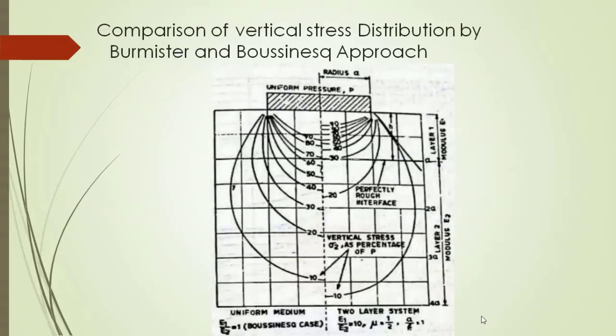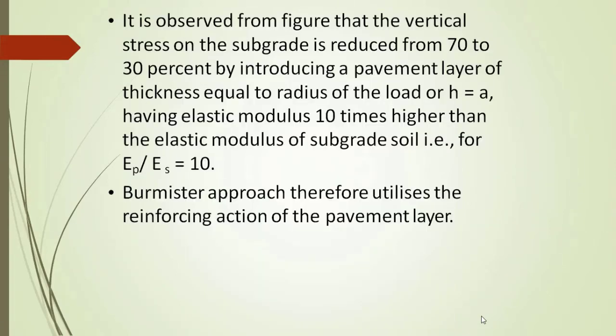This is the comparison of the vertical stress distribution by the Burmister and Boussinesq approaches. As we already discussed, the vertical stress induced on the subgrade exactly under the center of the loading plate can be reduced from 70 to 30%. To make this possible, the radius of the additional layer has to be equal to the radius of the loading plate.